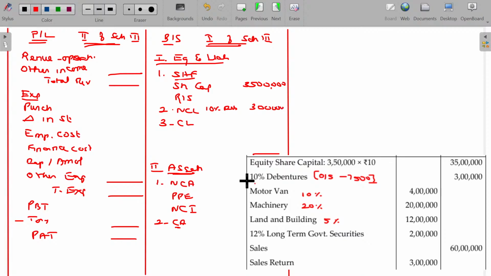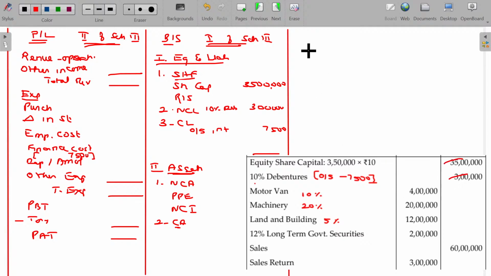Outstanding interest 7,500. This will be a part of finance cost. Whatever finance cost paid, with that you add outstanding, you will get the total finance cost.